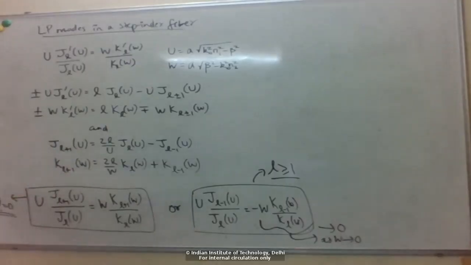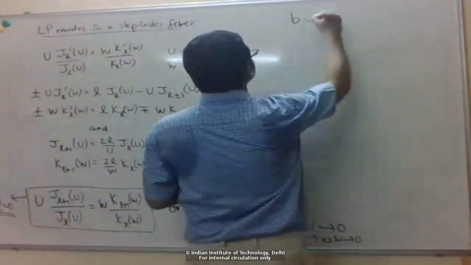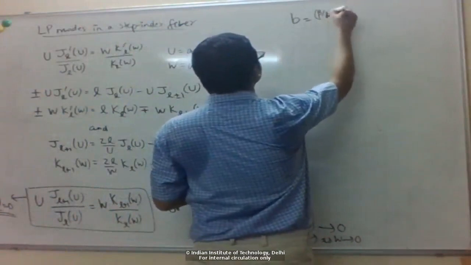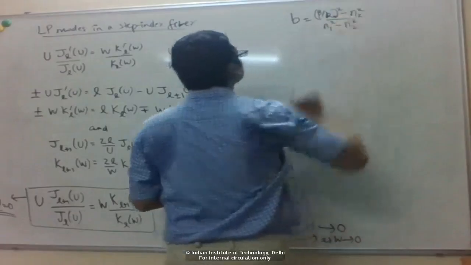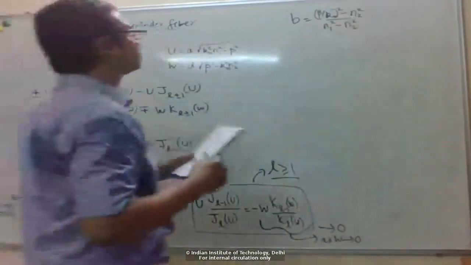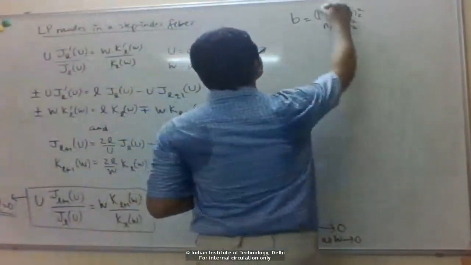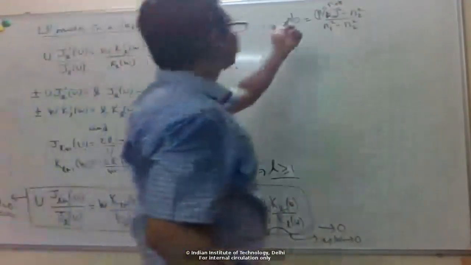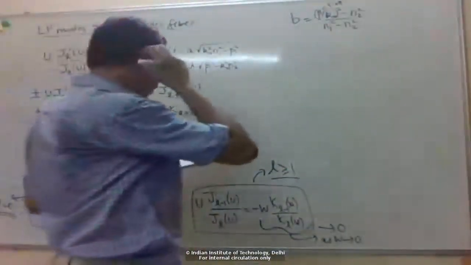Now, just like in the slab, we can define normalized parameters. For example, we define this small b, which is beta over k0, like n effective minus n2 over n1 minus n2, the normalized propagation constant. Recall n effective is beta over k0, and n effective lies between n1 and n2, so b lies between 0 and 1, just like for the slab.